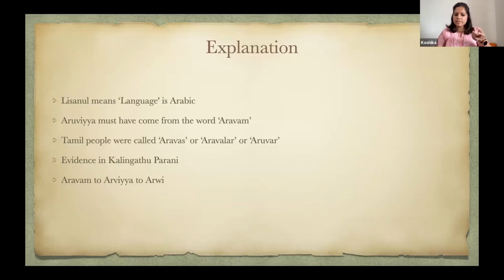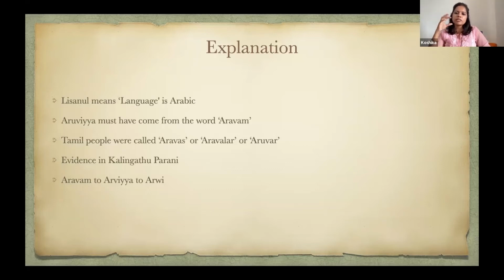Evidence in Kalingattuparani talks about a war where the Kalinga soldiers are running away from the battle, saying the words Aravar Varuvar. So it says that they might be Tamil people.